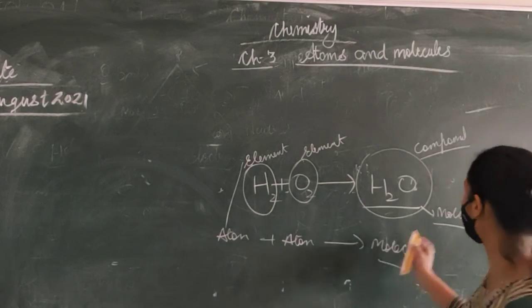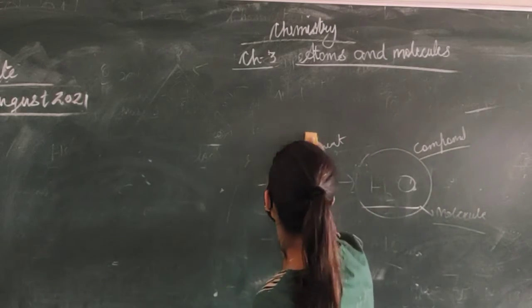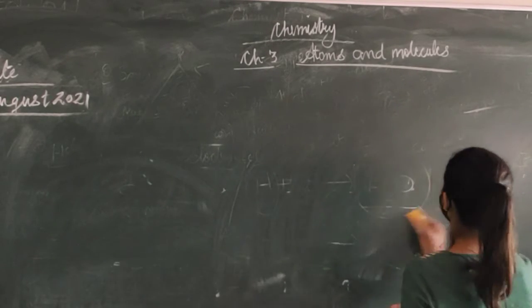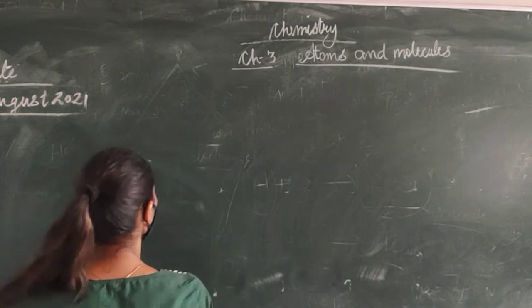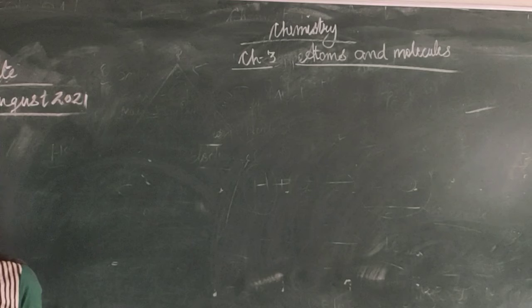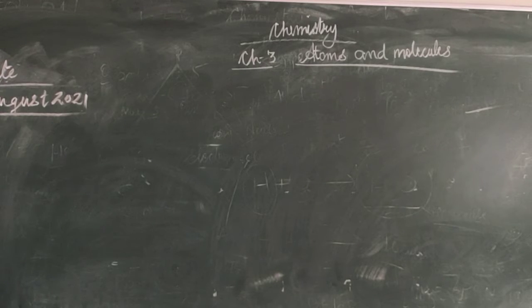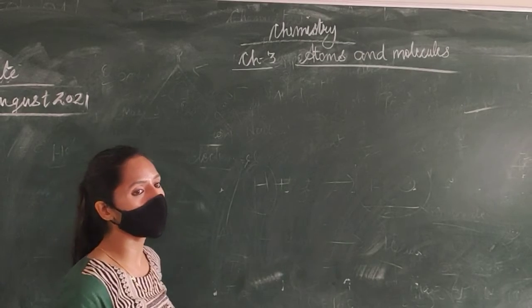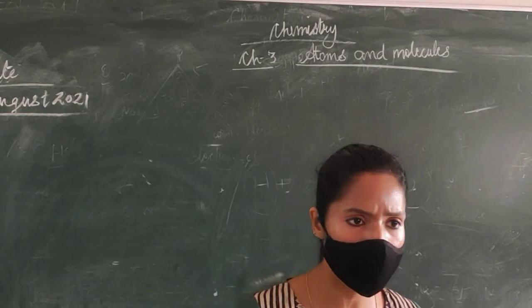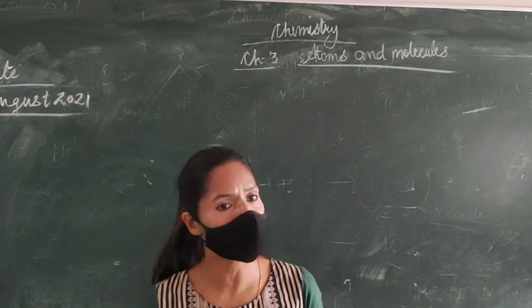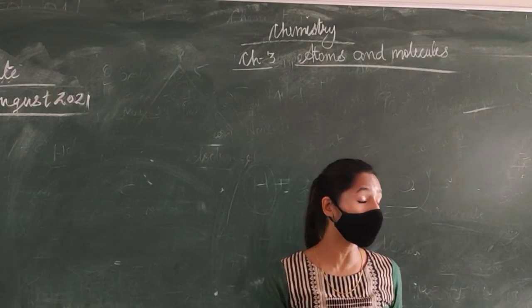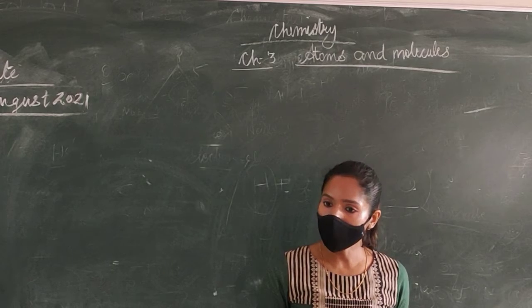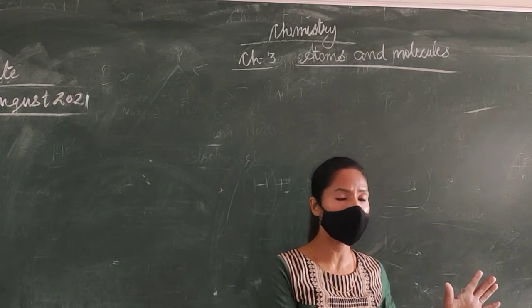Now, sometimes we always write H2, O2, then fluorine, Cl2, then N2. Because non-metals generally exist in the gaseous state, they also exist in a solid state. But these are the gases: oxygen, neon, nitrogen, carbon dioxide, that is the compound CO2.